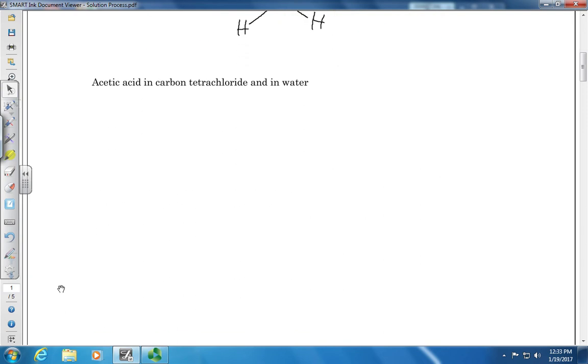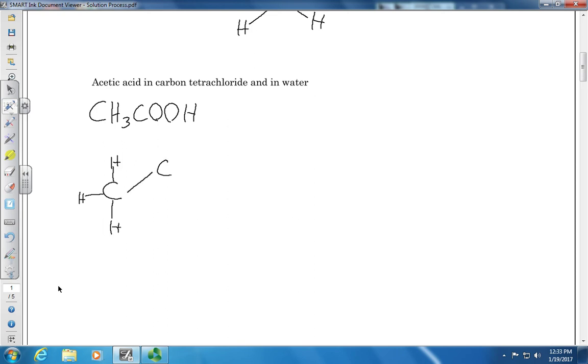Last one is acetic acid, which, if you don't know the formula, is CH3COOH. That is a polar molecule, and we can demonstrate this fairly easily by drawing it out. We've got a carbon, and to that carbon we have 3 hydrogens, and they're all canceling each other out with their dipoles.